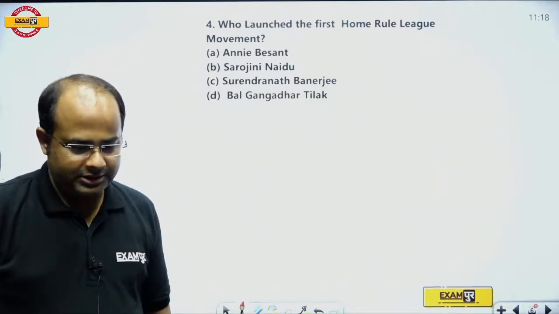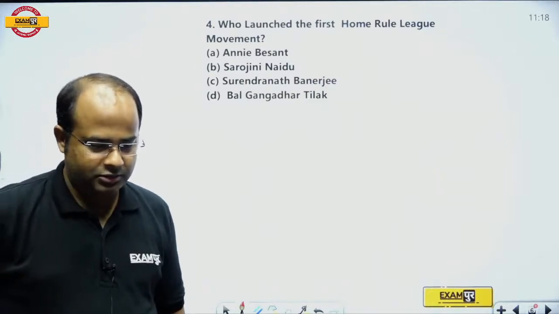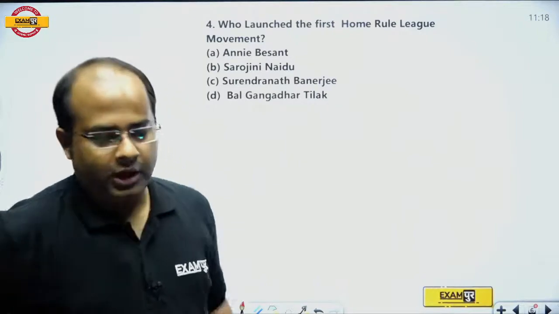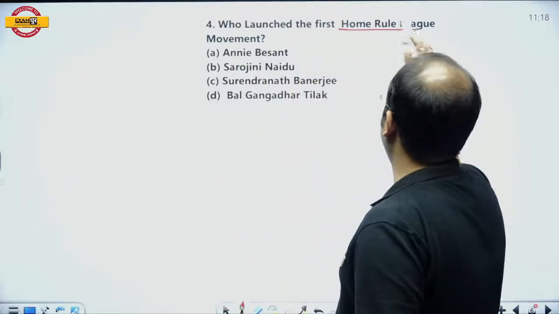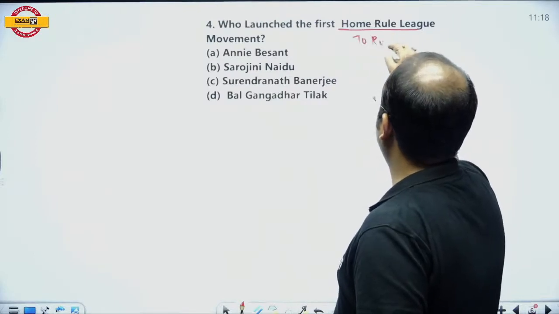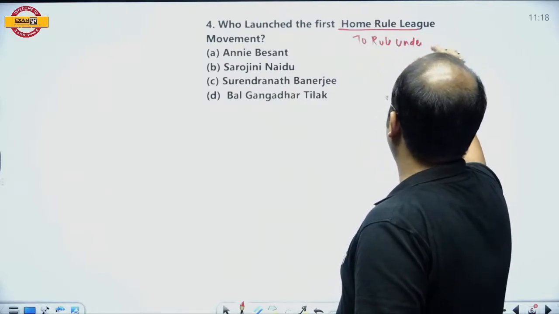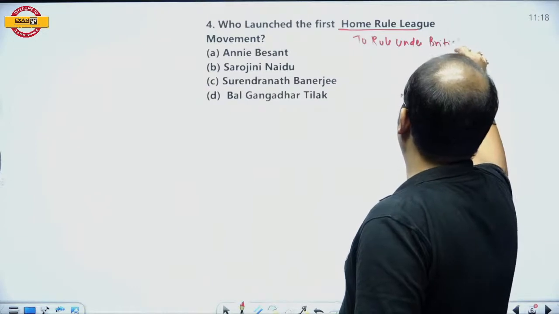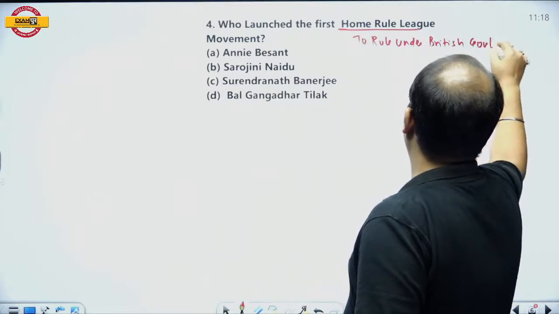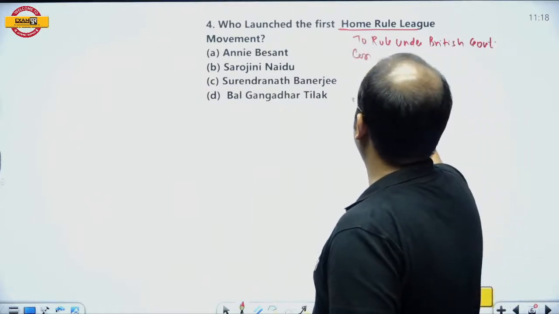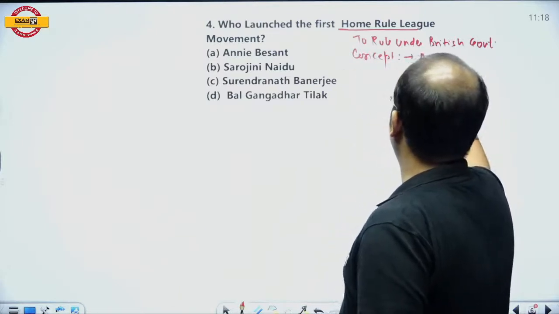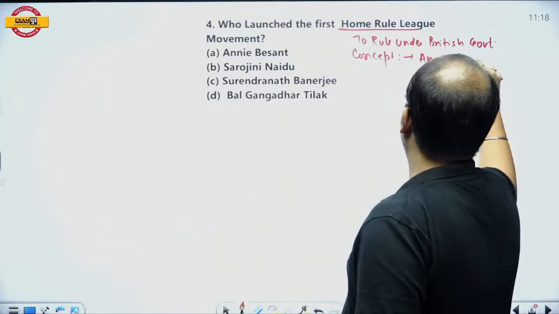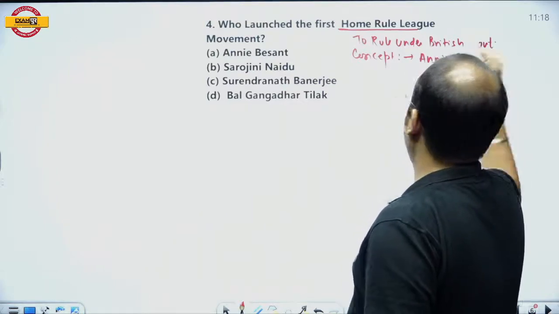Okay, Naga Lakshmi is saying option D. Very good, guys. So what will the correct answer be? Guys, home rule means to rule under the British government. And this Home Rule concept was given by Annie Besant, because Annie Besant was a lady from Ireland.